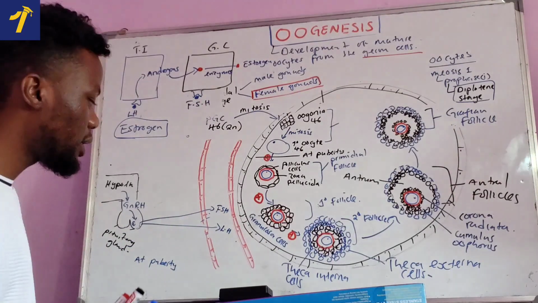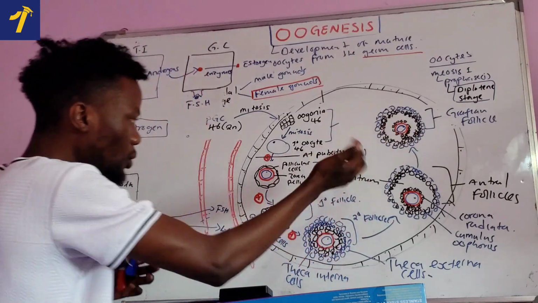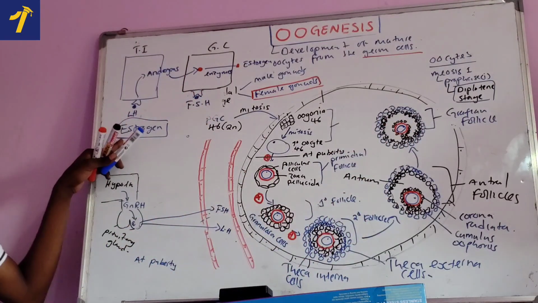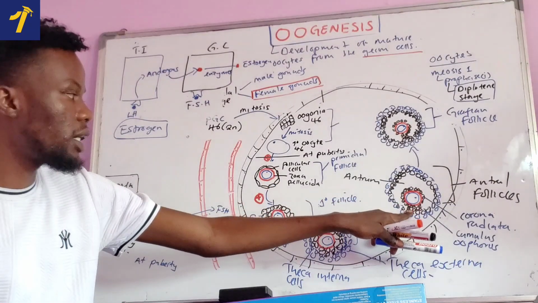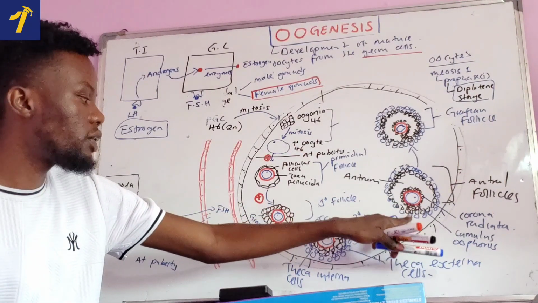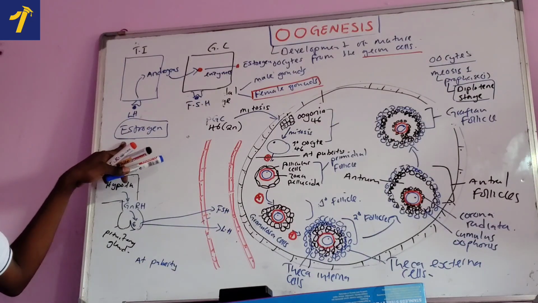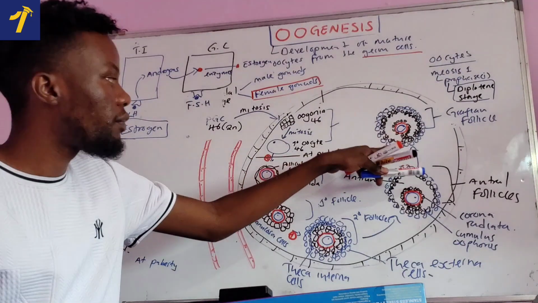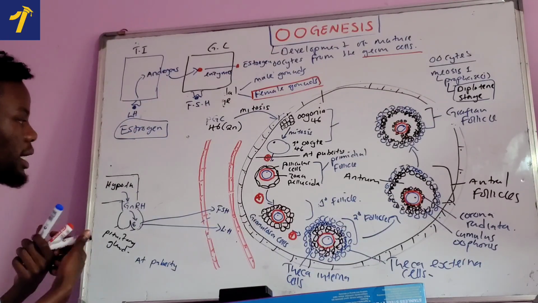If it is more active, what's going to be happening is this. It will start producing, remember what it was producing? The secondary follicle, or the antrum, it was producing what? It was producing the estrogen. Now the moment it reaches the Graafian follicle, the amount of estrogen is going to go up in blood.